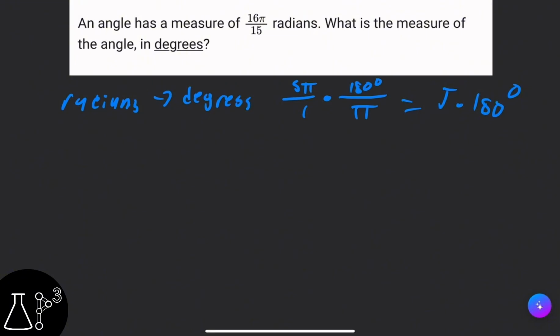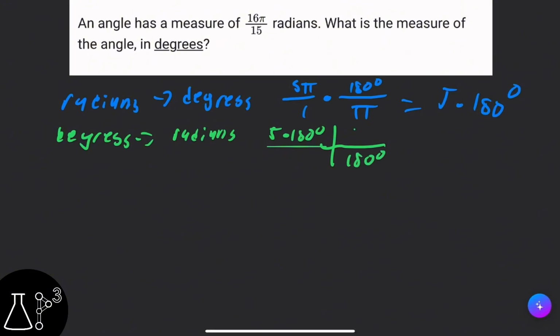If we're converting something from degrees into radians, we do the opposite. So if I have 5 multiplied by 180 degrees, I divide it by 180 and multiply by pi, which gives you 5 pi. Those are the ways to convert from radians to degrees and degrees into radians.